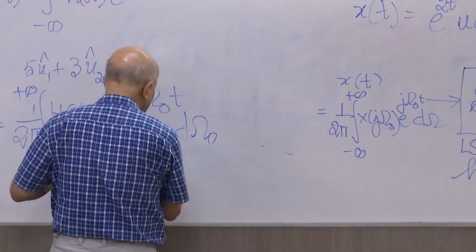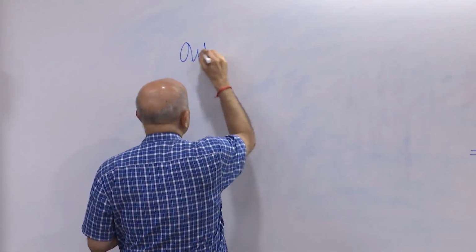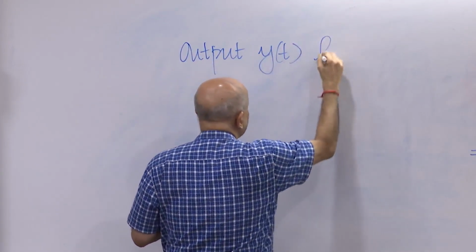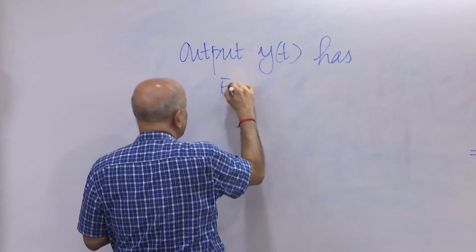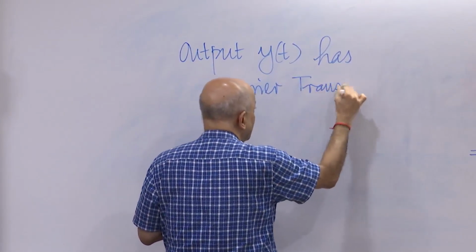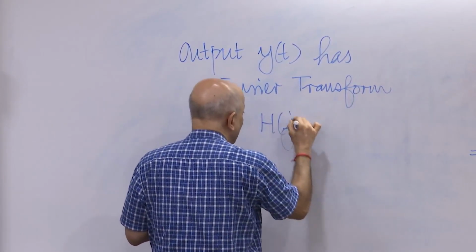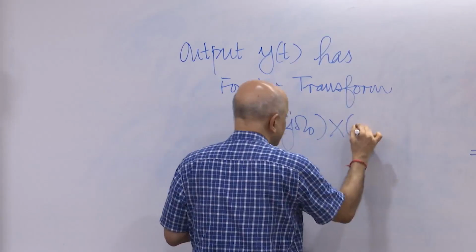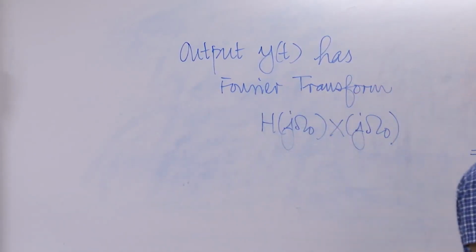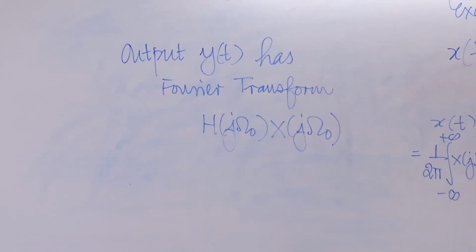In fact, this also has a simple physical meaning. So, the output y(t) has the Fourier transform given by the product. Okay. So, what does it mean?